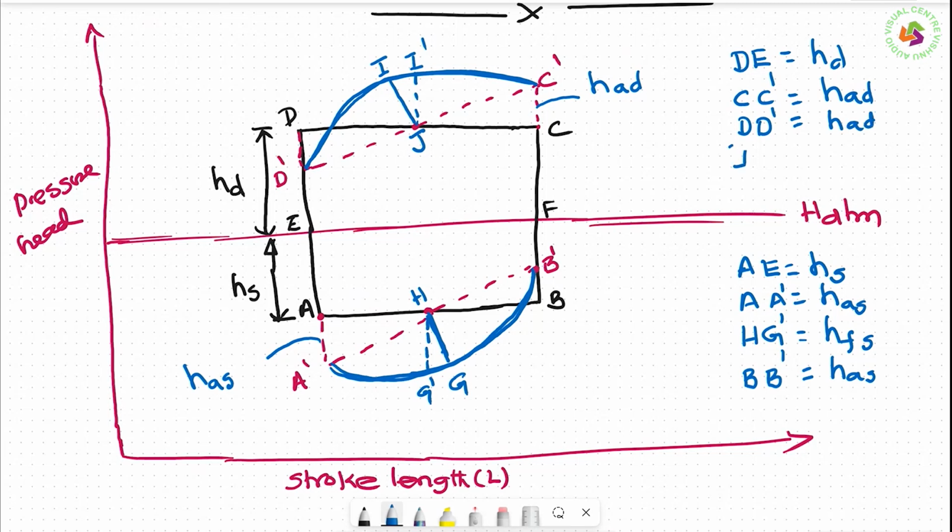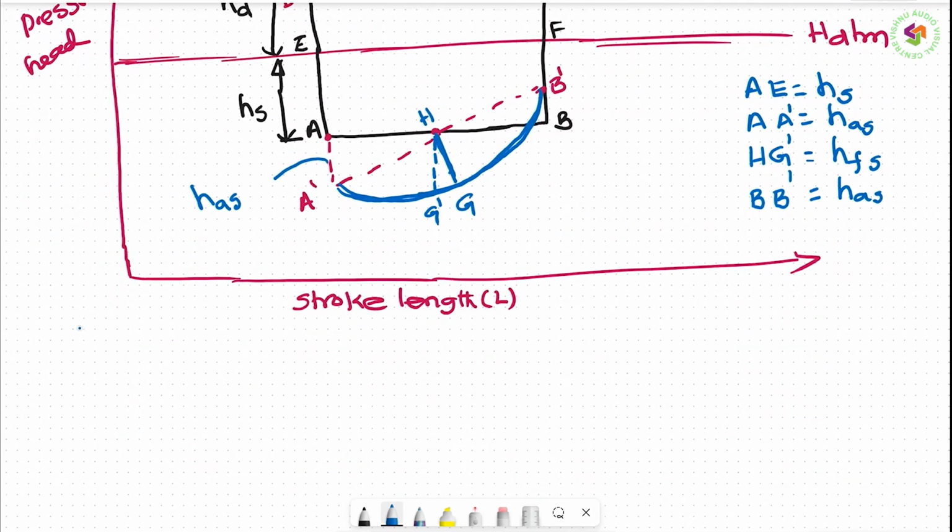Then I dash J is equal to HFD, because it is the perpendicular length, height, right? All that are here. Now you see. Now from this what I want is to calculate the work done.